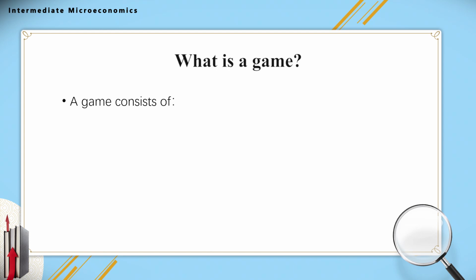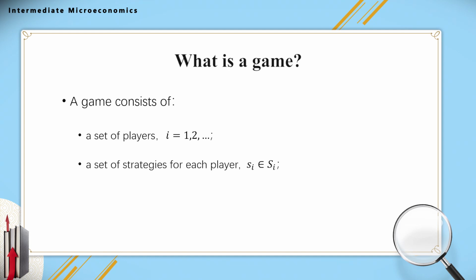Every decision maker in the game is called a player. The player can be an individual, a firm, or a country. Strategy refers to the actions of the players in each stage of the game.